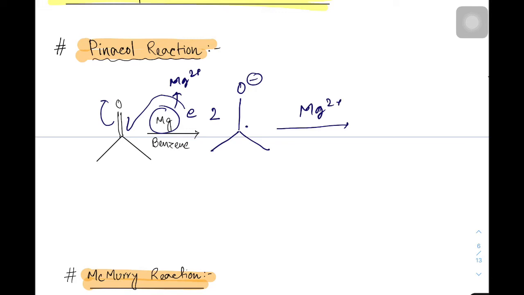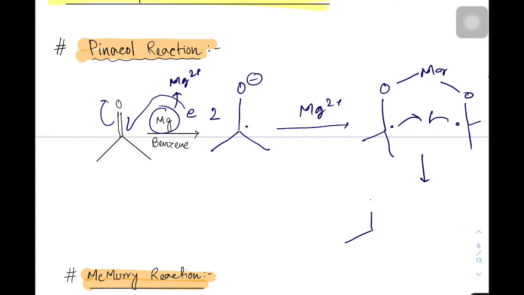Now the mechanism goes like this. They will chelate with magnesium. Now these two electrons dimerize and form this type of intermediate.